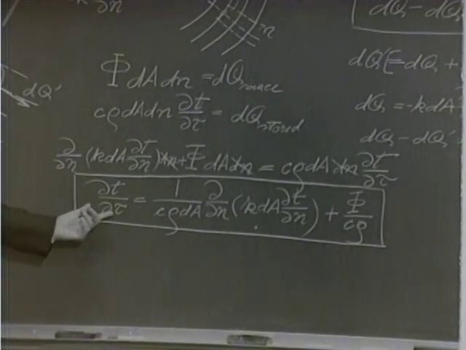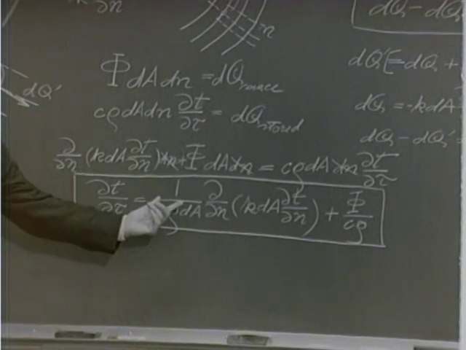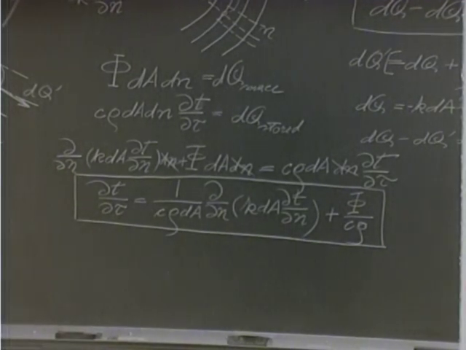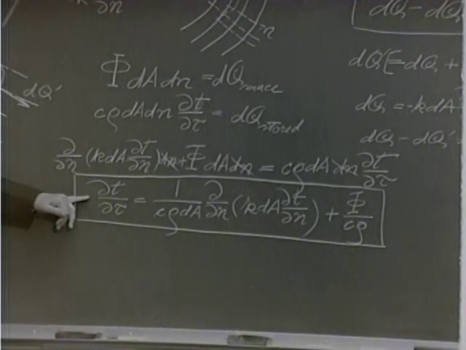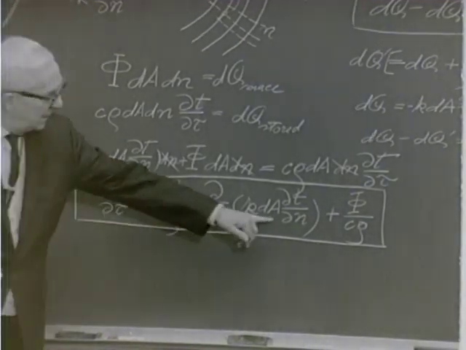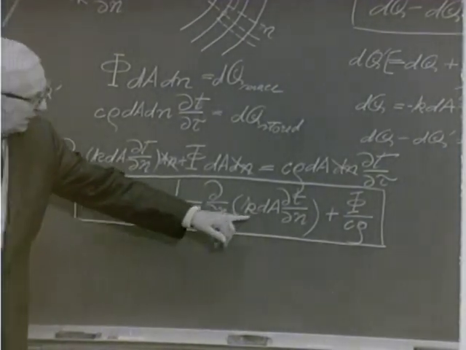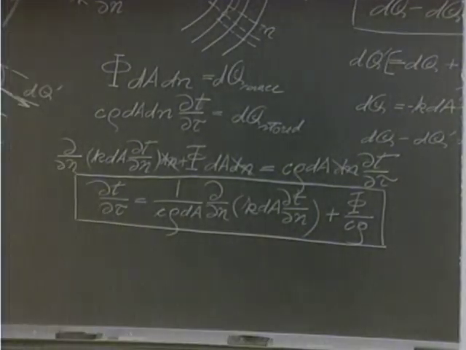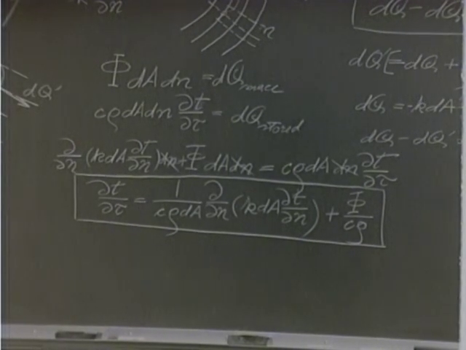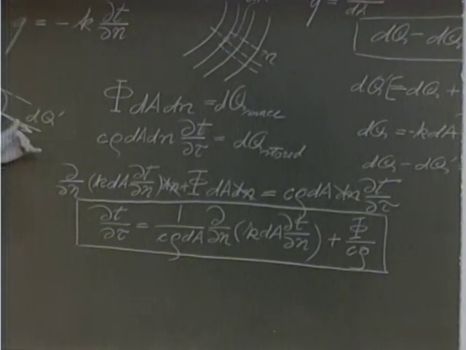Now, still, in order for this equation to be useful, I have to know something else, because it contains here as a parameter the directions of the heat flow lines.